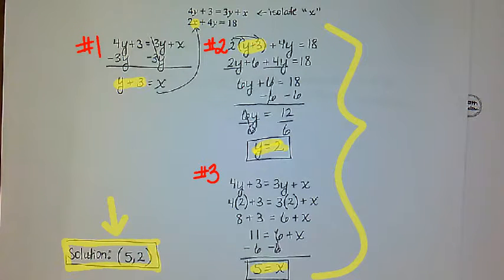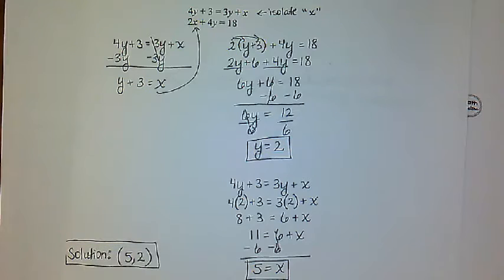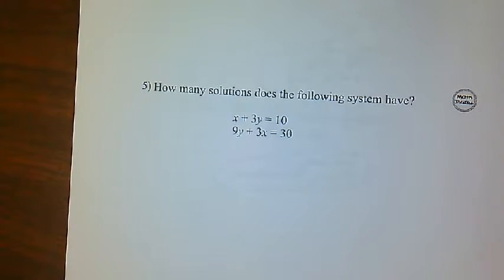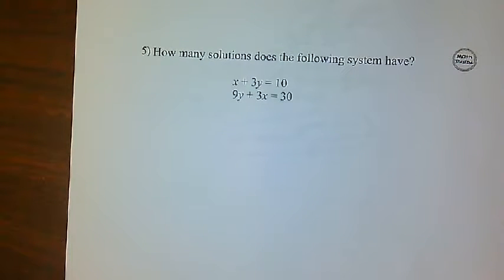That's why we start this chapter with graphing, so that you understand that we are solving systems of linear equations. A linear equation is a line. When we graph it, it is a line. So we're asking ourselves, when do these two lines intersect, if at all? Now this one says, how many solutions does the following system have?